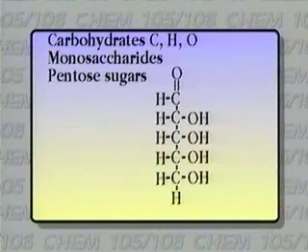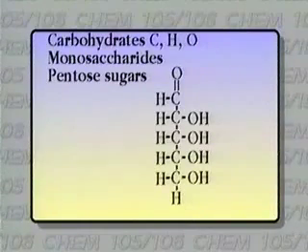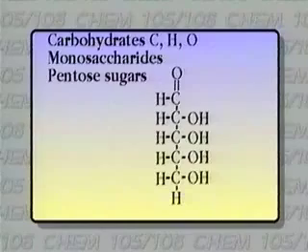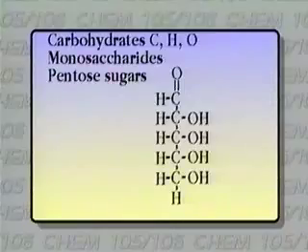That's not the key thing. The key thing here is that we have a 5-carbon sugar. If you recognize pent, you would recognize the 5 carbons. This particular sugar has, hopefully you can recognize that group up there, the aldehyde group. And of course the OHs over here are the alcohol groups that we've talked about previously in organic chemistry.